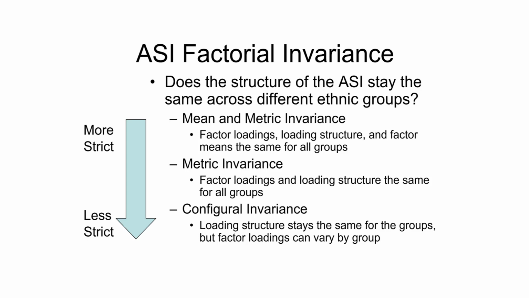And I'm going to use the anxiety sensitivity index that we used last week, and is it the same across different ethnic groups? So what we'll do is look at, is the configuration of the factors the same?